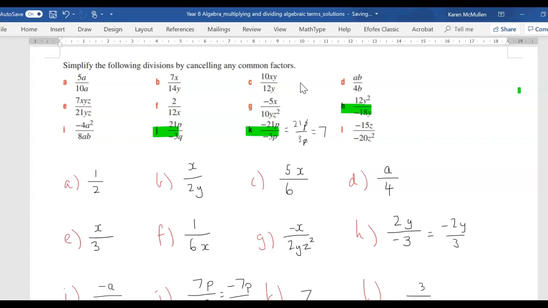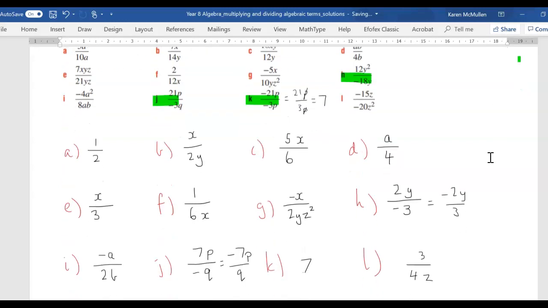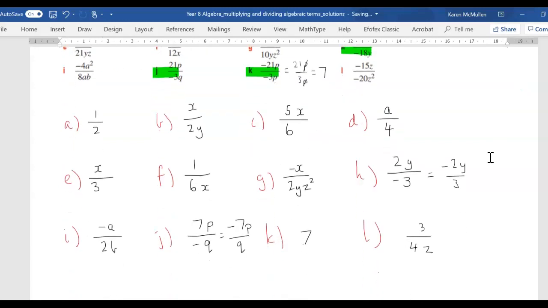There's nothing wrong with having it in the denominator, but we do tend to write the negative either on the numerator on the top or on the outside of the fraction. You can see how I've changed the negative sign and put it up the top. It's better mathematics to put it on the top or to the side of the fraction.